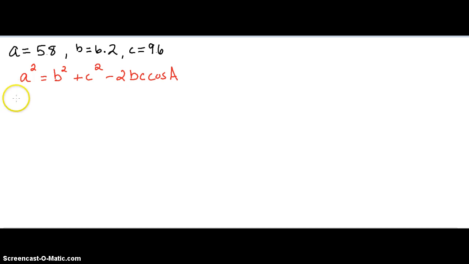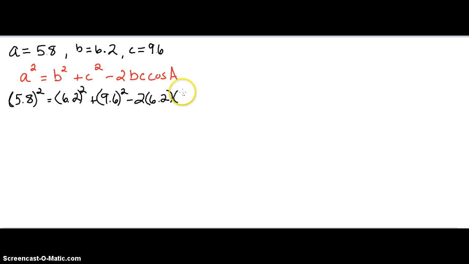We've got 5.8 squared equals 6.2 squared plus 9.6 squared minus 2 times 6.2 times 9.6 times cosine of, and since we don't know angle A, we'll just leave it A.